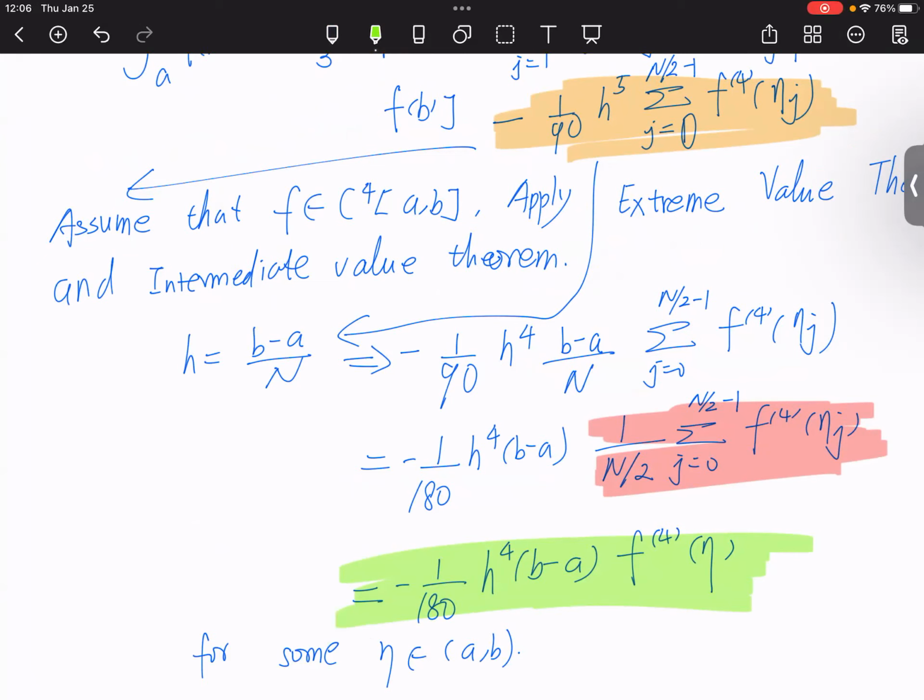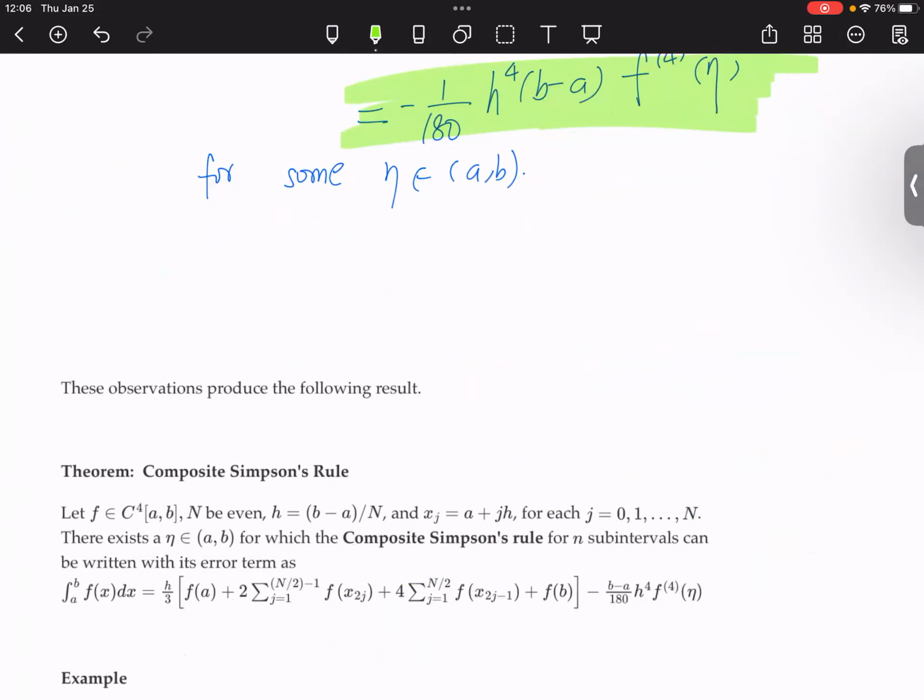And we have some assumptions on the f here because we use these two theorems. So in your conclusions, you also need to include this assumption. We assume that the function f is fourth continuous on the interval [a, b].